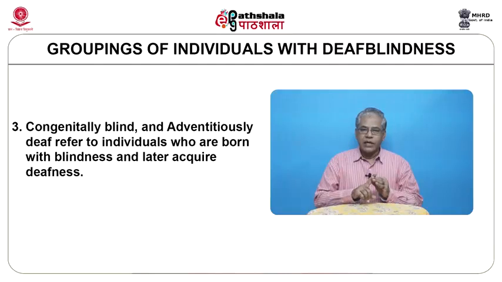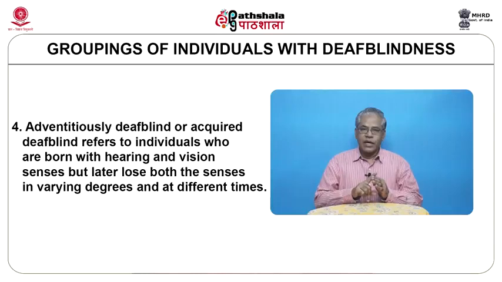Congenitally blind and adventitiously deaf refers to individuals who are born with blindness and later acquire deafness. 4. Adventitiously deafblind, or acquired deafblind, refers to individuals who are born with hearing and vision but later lose both the senses in varying degrees and at different times.